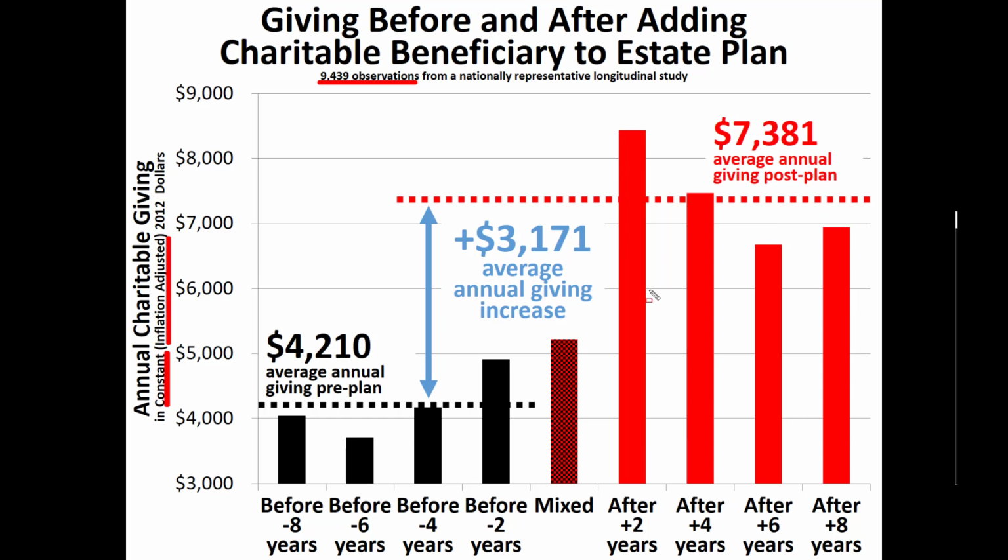And so it may certainly be the case that once you get a donor to treat your organization like a family member, which is essentially what it is when you put an organization in your will document, because for 94% of people in the country, the only people in their will documents are their family, right?